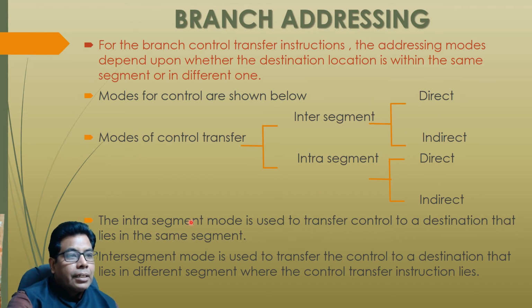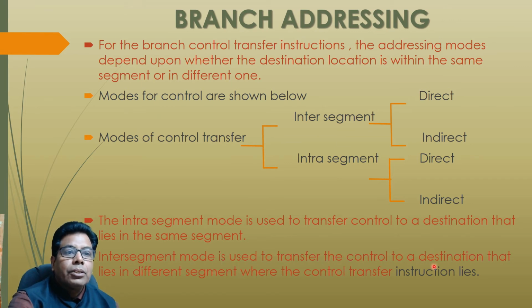The intrasegment mode is used to transfer control to a destination that lies in the same segment. That's why it is called the intrasegment. Whereas the intersegment mode is used to transfer the control to a destination that lies in a different segment from where the control transfer instruction lies.